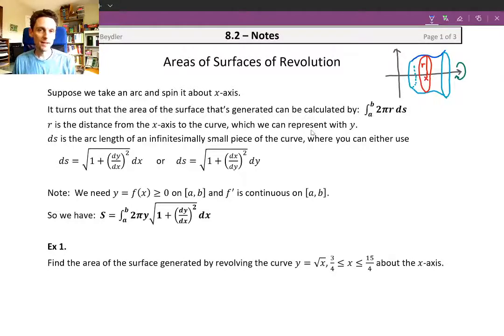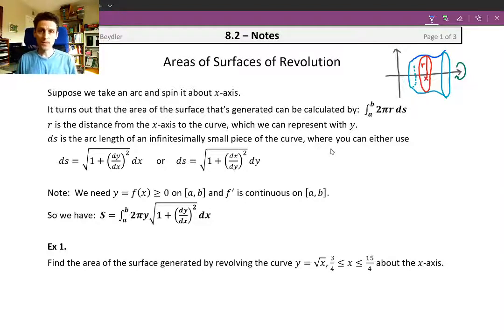And if you remember back in 8.1, that section where we talked about arc lengths, you can either write ds in terms of x or dx, or you can write it in terms of y. So you can write ds equals the square root of 1 plus (dy/dx) squared, and then dx. Or you can write ds equals the square root of 1 plus (dx/dy) squared, and then dy.